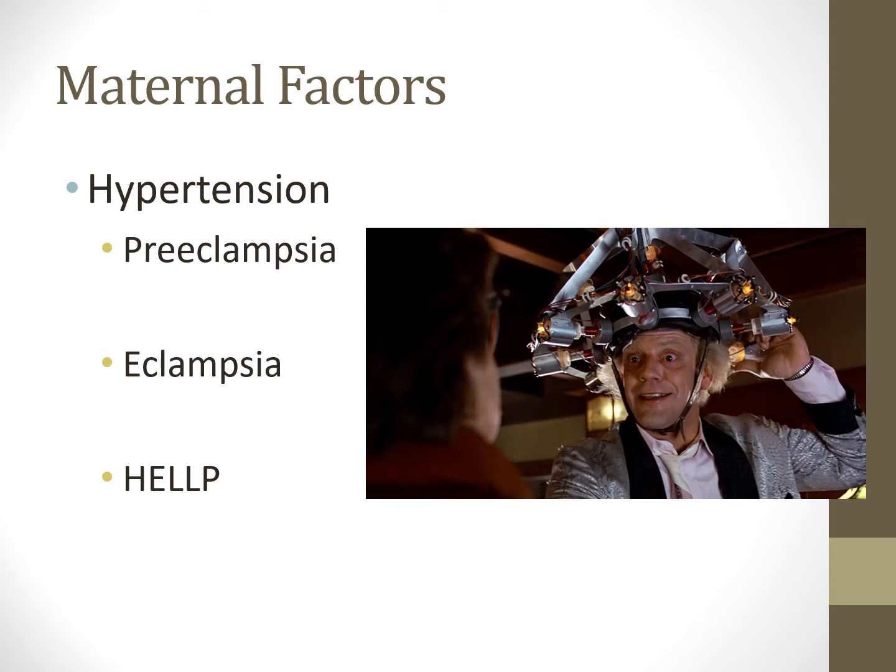So that's one of the reasons why we might have to take baby early in some of these cases. And that's exactly what happened to me and my wife. It was a preeclampsia case, and it was the safest and best option for both of them.